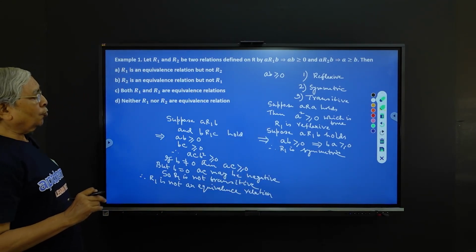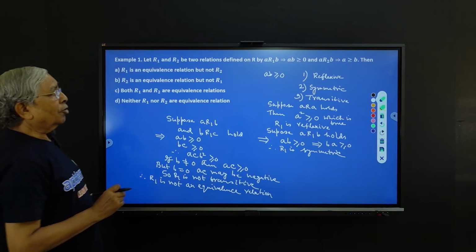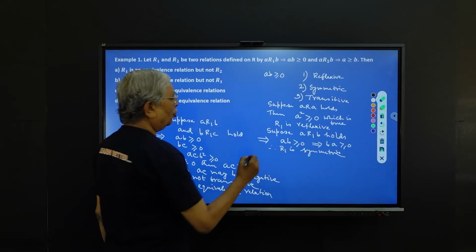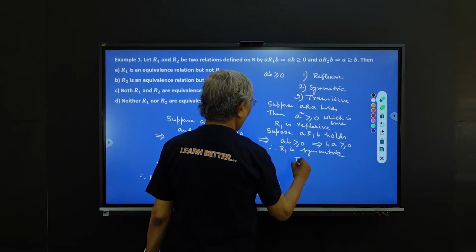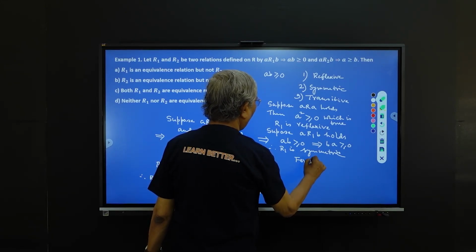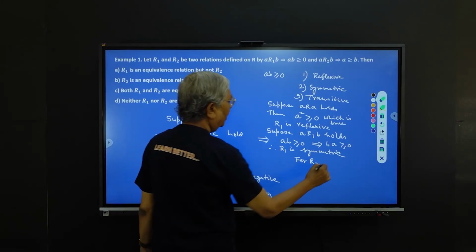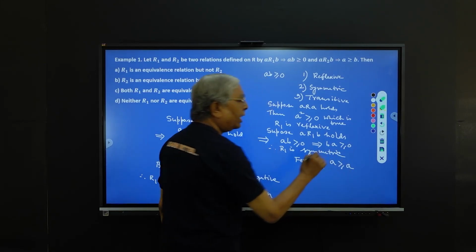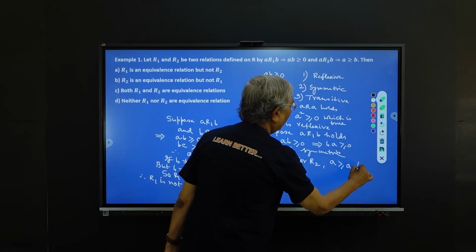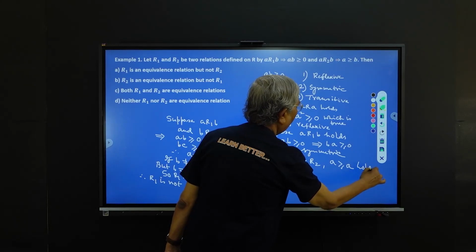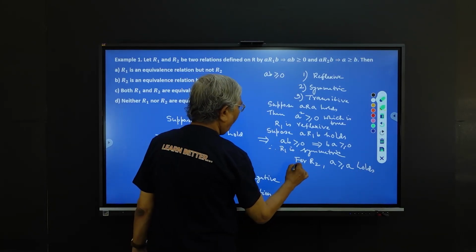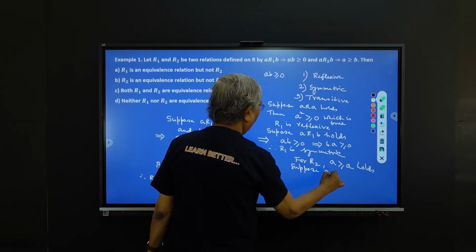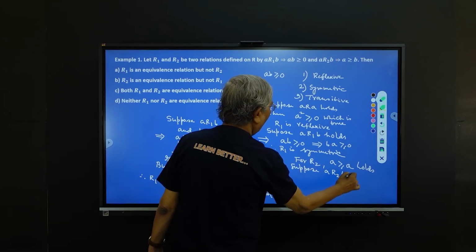Next, what about R2? The condition is that a R2 b holds if a greater or equal to b. So for R2, a greater or equal to a, since equality holds, so this holds. Suppose a R2 b holds.